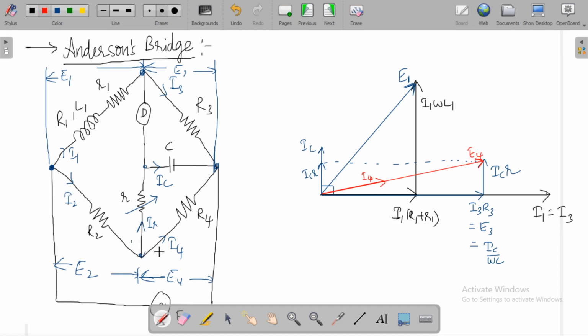Now what is I2? I2 is equal to IC plus I4. That is, I2 is the phasor sum of IC and I4. We have IC and I4, and the phasor sum of these two is I2. So this will be I2.